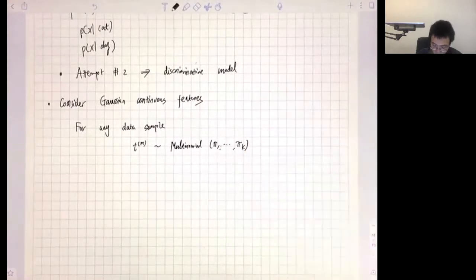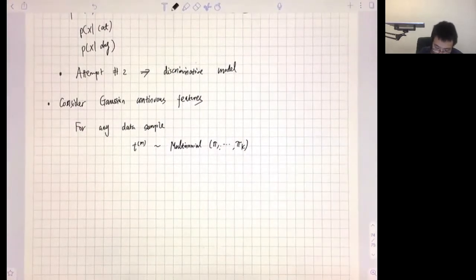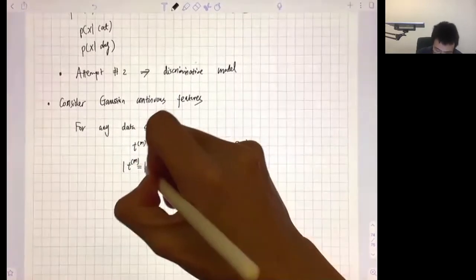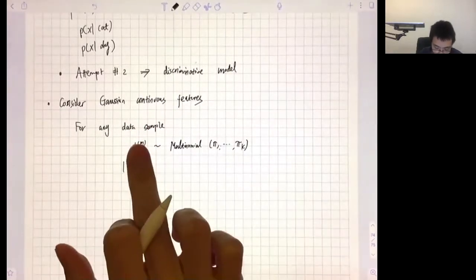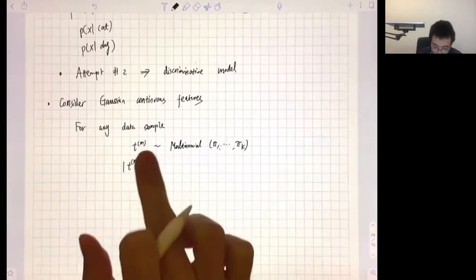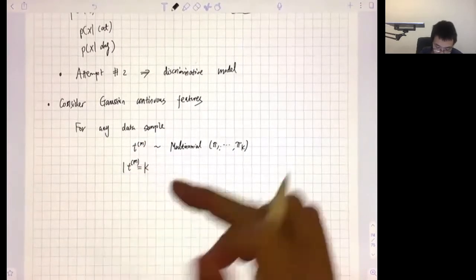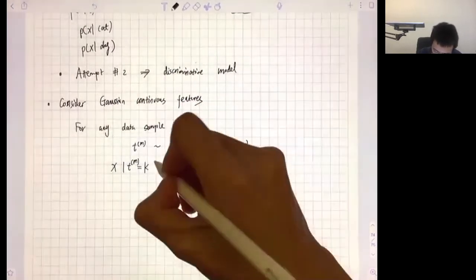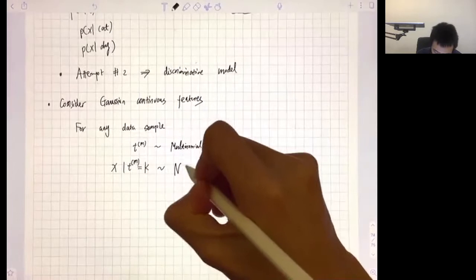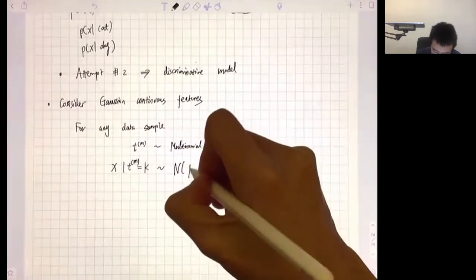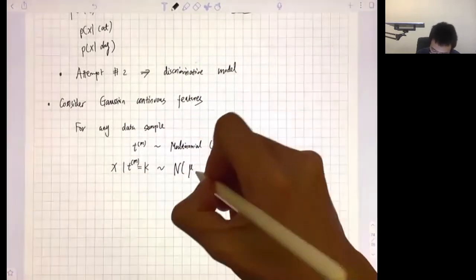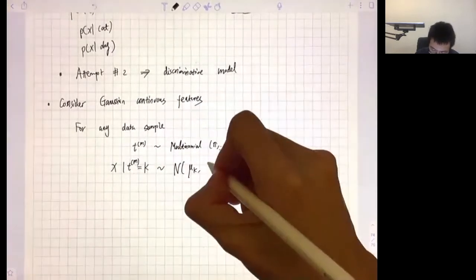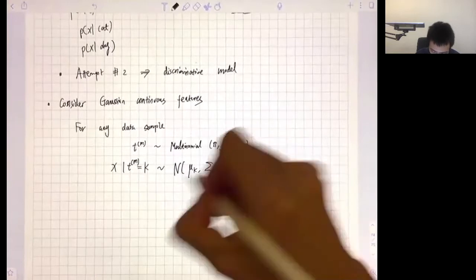So pi's are my parameters. Then given t_m equals k, okay? Suppose I generate my target for the m-th data sample as k, then my X is sampled from a Gaussian distribution where the mean is mu k, okay, for the k-th Gaussian, and the covariance matrix is sigma k for the k-th Gaussian, okay?